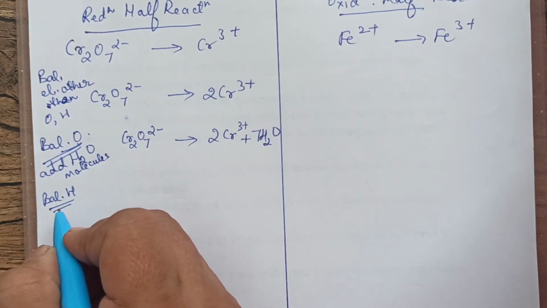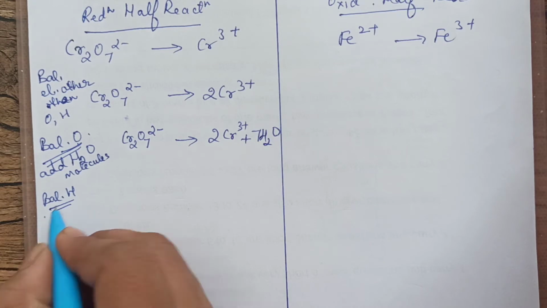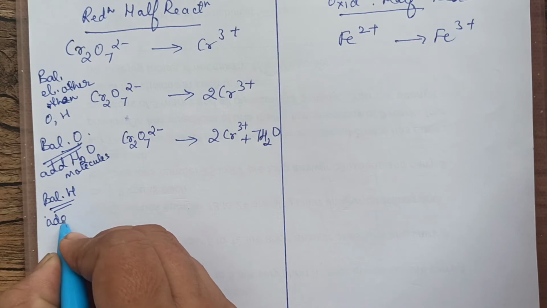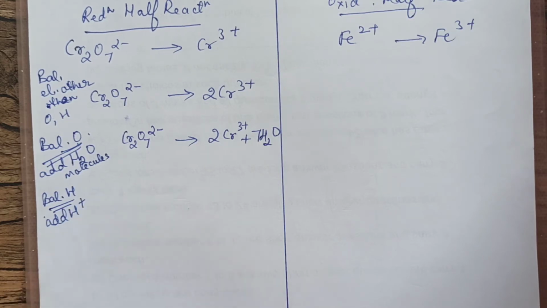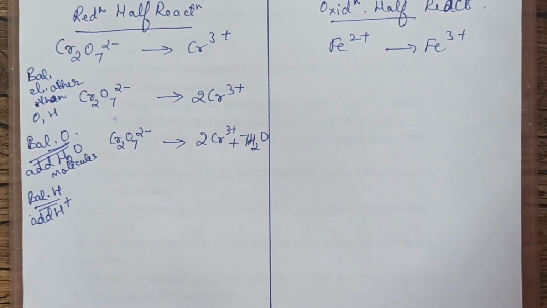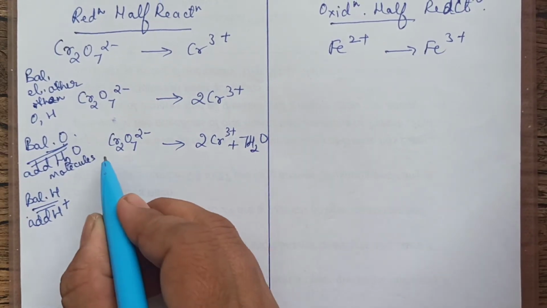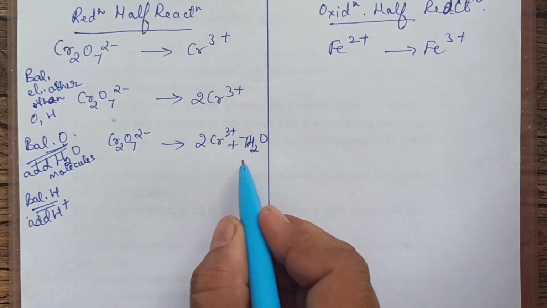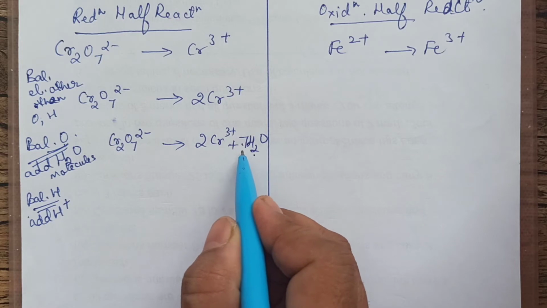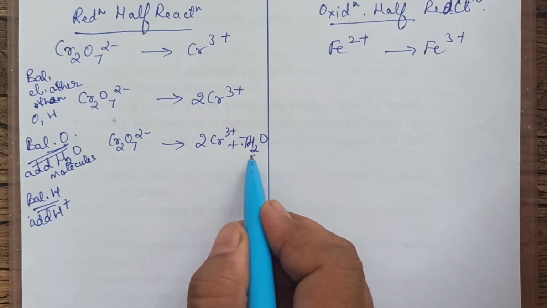To balance hydrogen in acid medium, this is an acid medium, as given in the question, you need to add the desired number of H+. Which side it is deficient, you will add H+. Clear? Now let us see. Left hand side there is no hydrogen. Right hand side you have 7 into 2, 14 hydrogens.